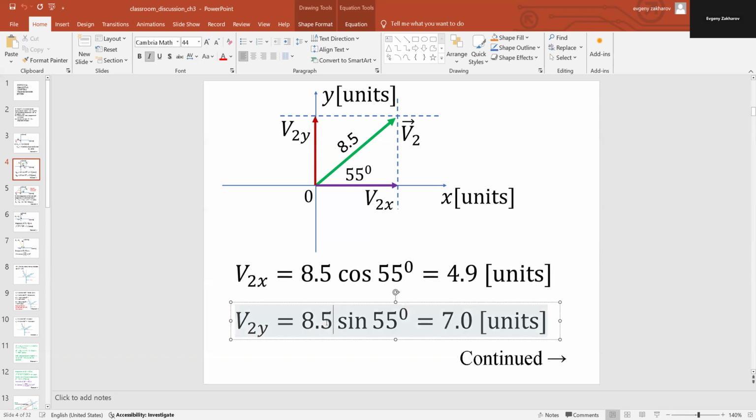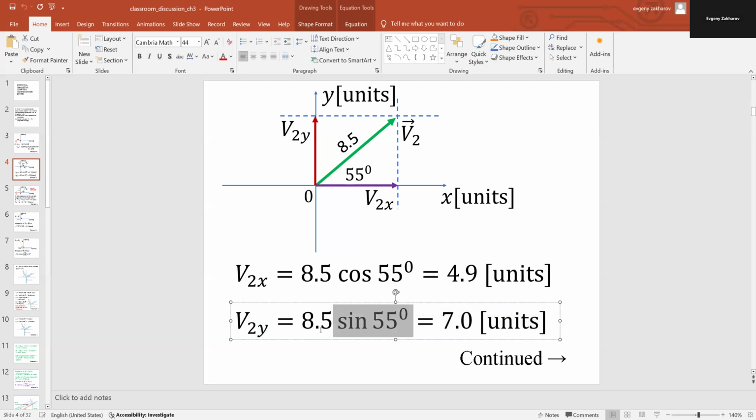For v sub 2y, what do we see? If this is 55, then the alternate interior angle here is also 55. Two angles are congruent. So the side is opposite to 55. And if the side is opposite, then the function is the sine.